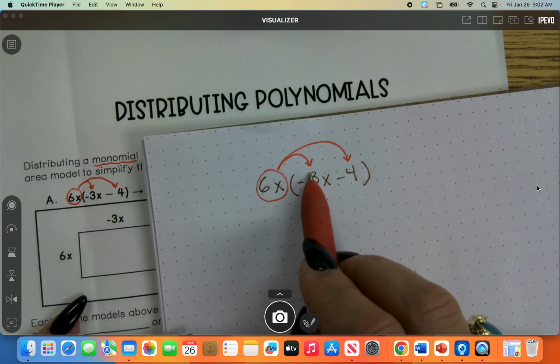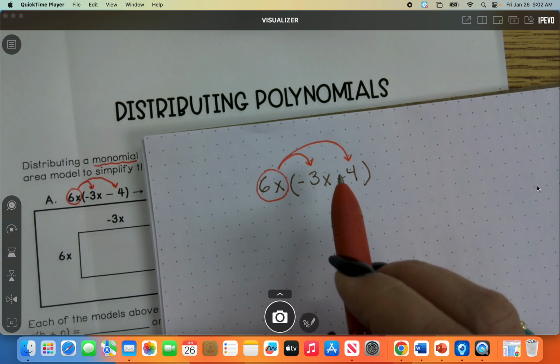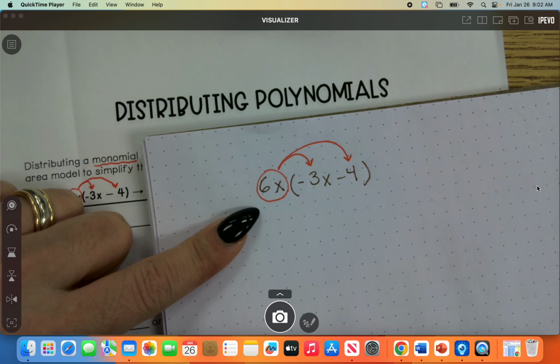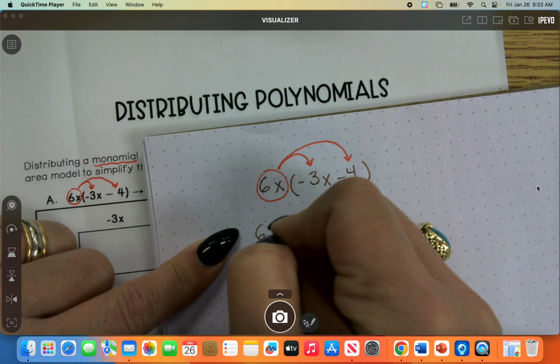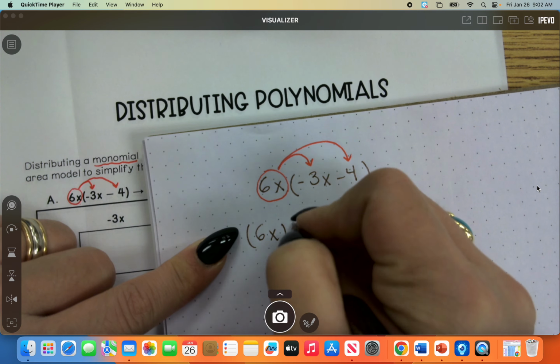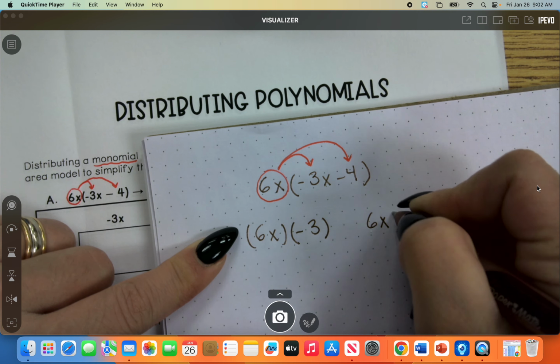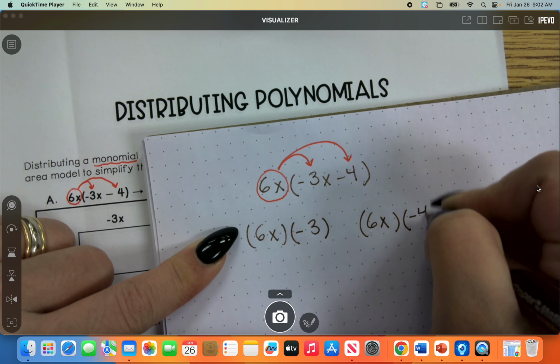So you have to distribute it to every single term inside the parentheses. So in that case, we would have 6x times negative 3 and 6x times negative 4.